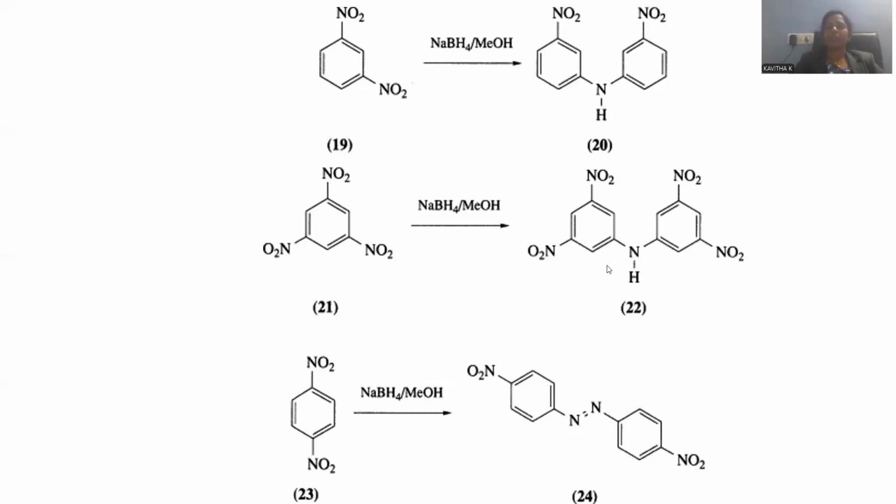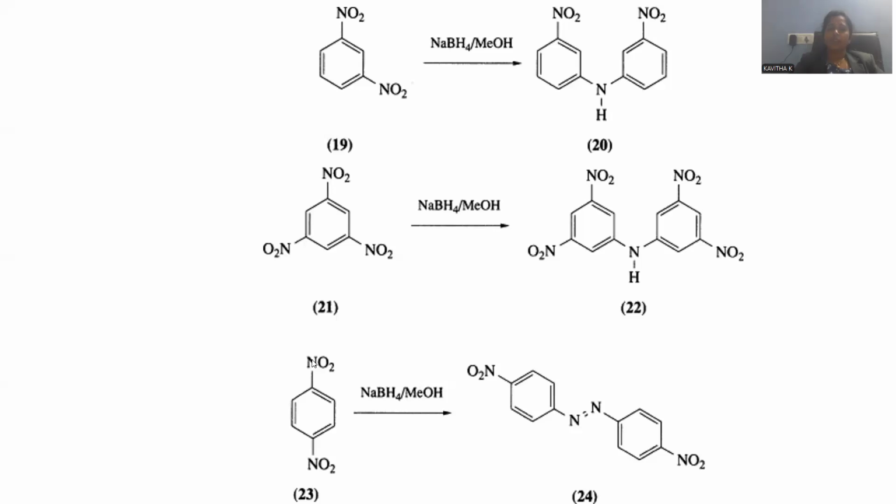A bridging nitrogen will originate between the two aromatic rings. This is the kind of exceptional reduction we can notice. Hydrogen will be added, and that is not able to reduce all the nitro groups. Only the bridgehead nitrogen will be reduced. This is the selective reduction again.